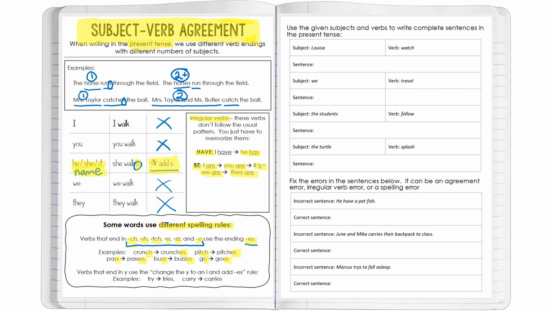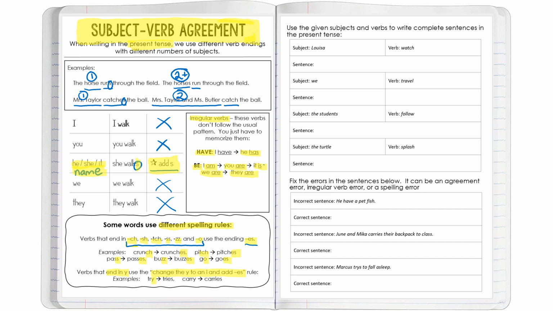The next spelling pattern that we have to think about, you may have already learned. It's that when you have a verb that ends in Y, we're going to use the change the Y to an I and then add ES rule. So for example, in the verb try, I try my best.